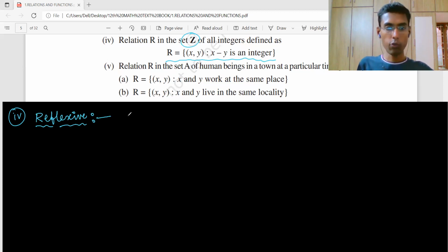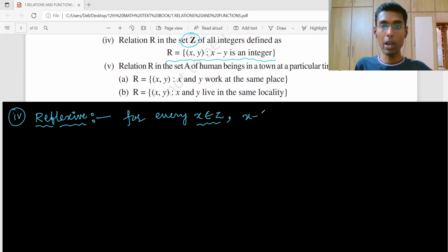For every x belongs to Z, that means for any integer, whatever element you take from the integers, x minus x equal to 0 is an integer.